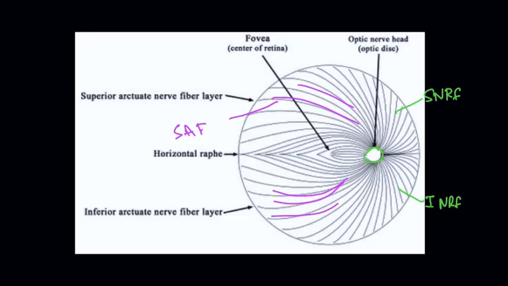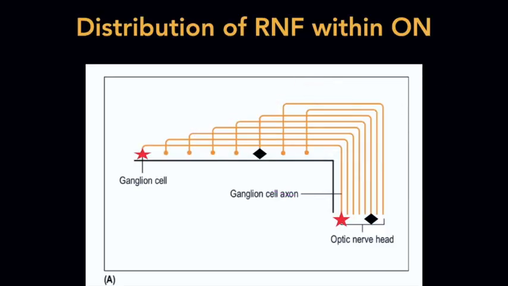These are the inferior arcuate fibers, and this is the fovea, and whatever we see here is the papillomacular bundle, and this is the horizontal raphe, or the demarcation between the upper and the lower retinal hemispheres. And this is another important picture to show the distribution of the retinal nerve fibers within the optic nerve, which is very, very simple.